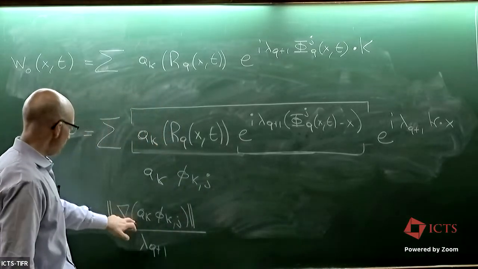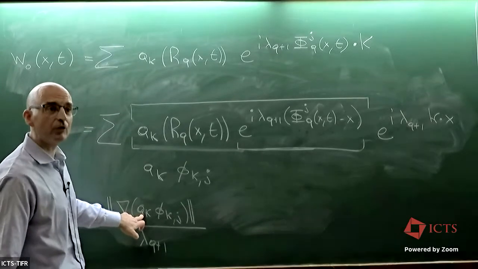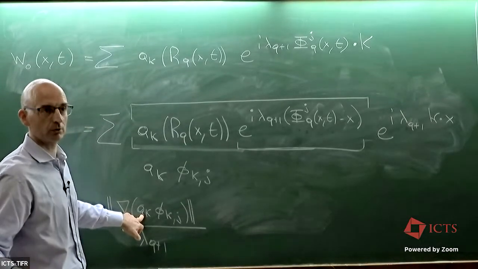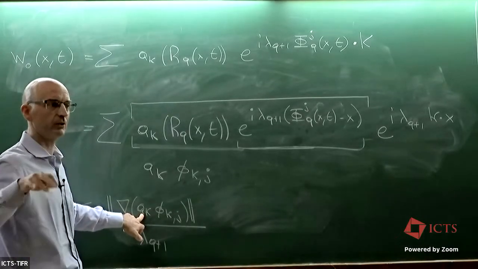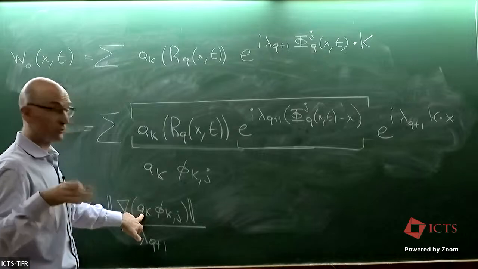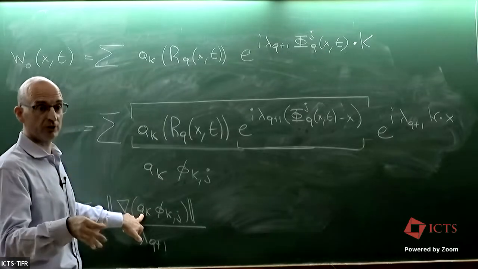Now remember, the derivative of ak is what we already have in the Nash error. And in the Nash error, we already know I have delta q plus 1 to the 1/2, delta q to the 1/2, lambda q. That is so good that it would actually get me to a C1/3.